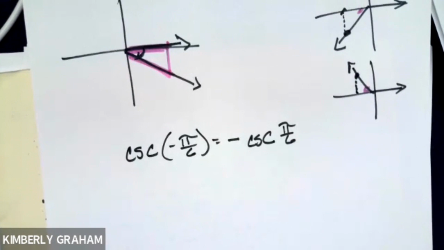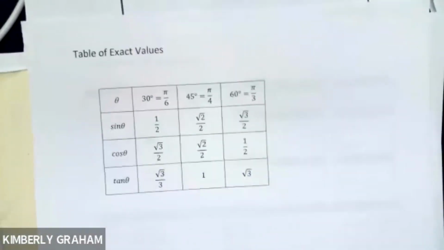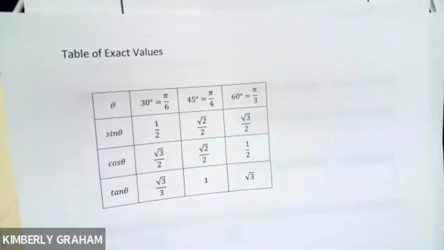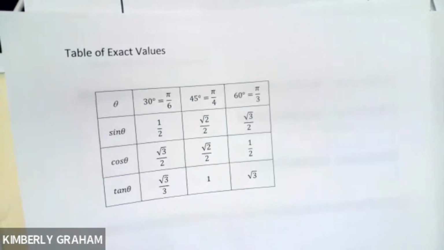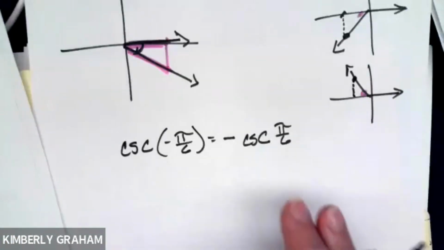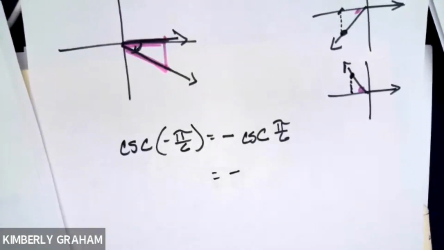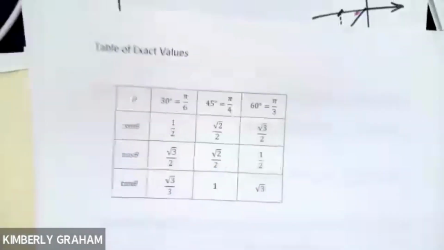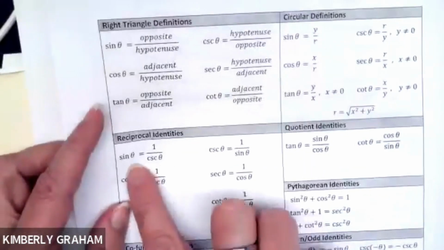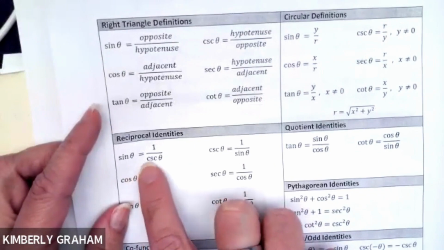If you look at your exact value chart, you don't have cosecant there. You have sine, cosine, and tangent. We want cosecant. Well, I know that cosecant is the inverse or the reciprocal of sine, right? So cosecant is 1 over sine.